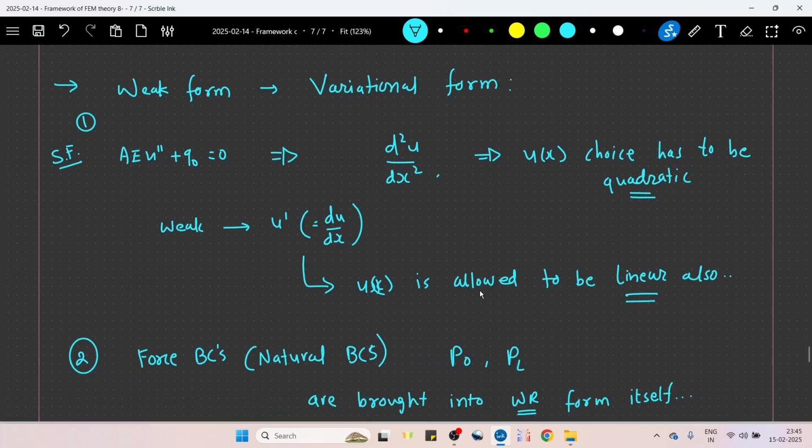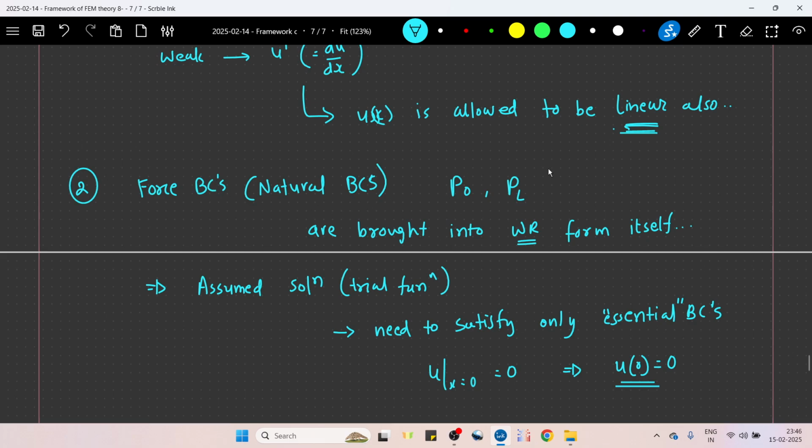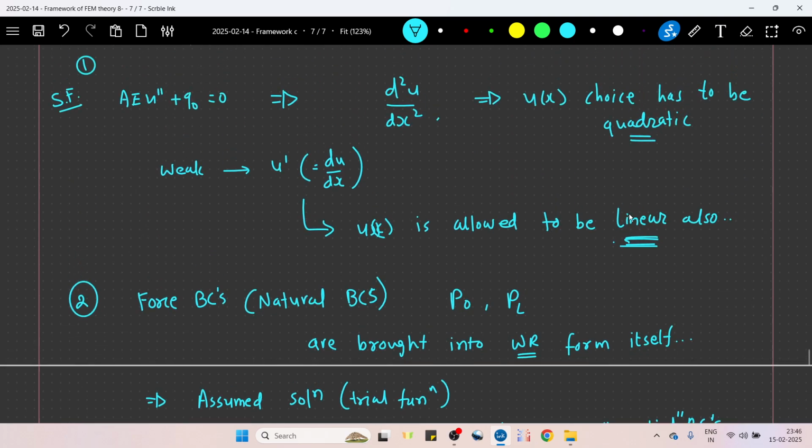One is that the choice of u of x can be a linear function also. We can assume u of x as a linear function. The second observation, which is very important and we will see in upcoming lectures, is why we took a linear function, it is because of this one.